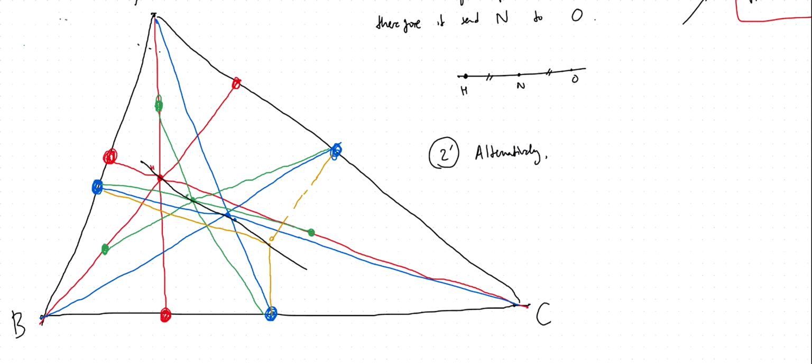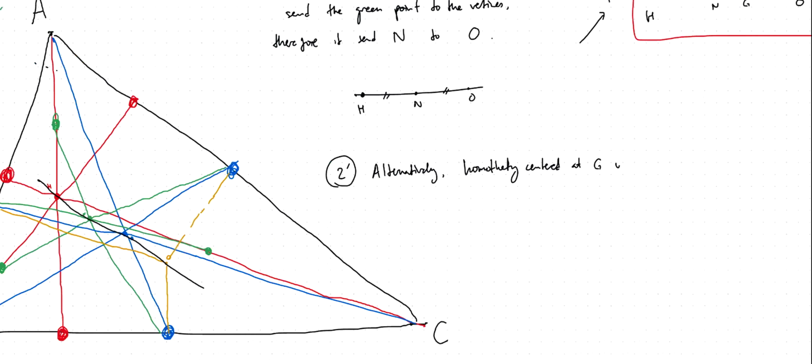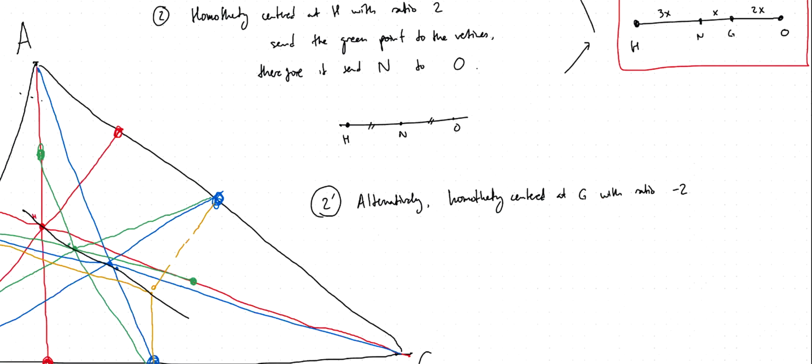The blue points are the midpoints, because BG is 2 times the distance from G to the midpoint. So if you reflect and multiply by 2, it will go to the vertices. Alternatively, homothety centered at G with ratio -2 sends the blue points to the vertices.